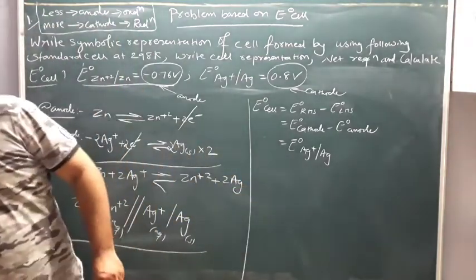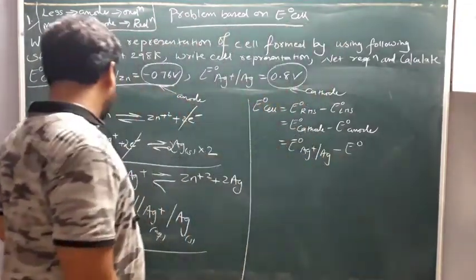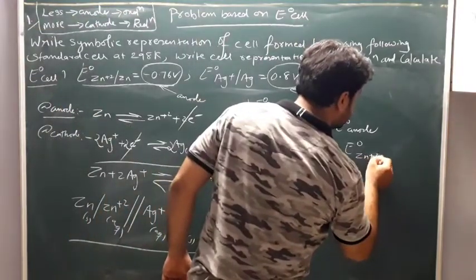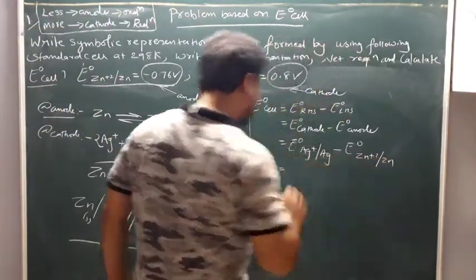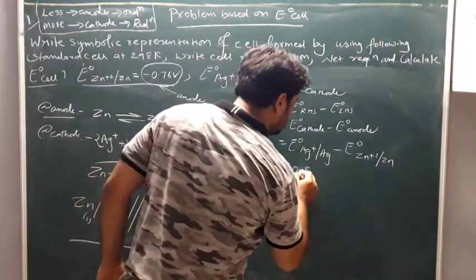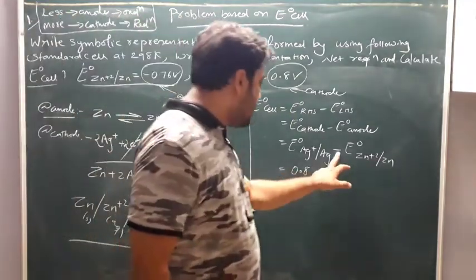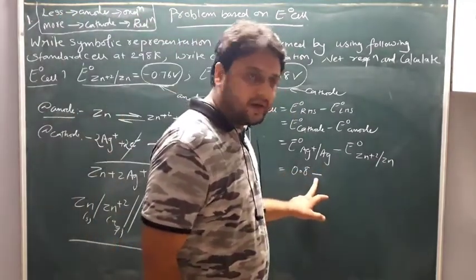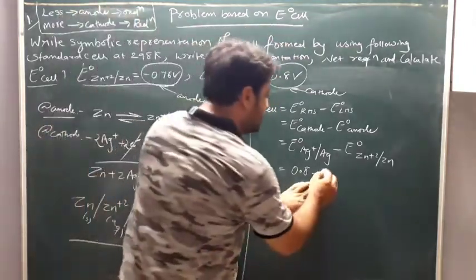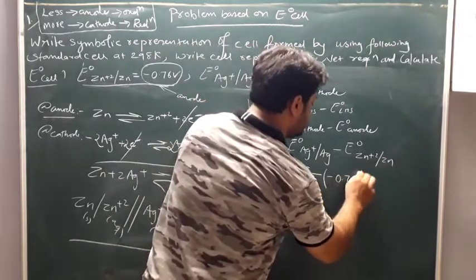Clear this part? So E0 Ag+ minus E0 of the anode, which is zinc, Zn2+ slash Zn. The value for E0 Ag+ is 0.8 volt, minus the value for zinc. This minus is from the formula itself, and the value for zinc is itself negative. So I will open the bracket and put minus 0.76.